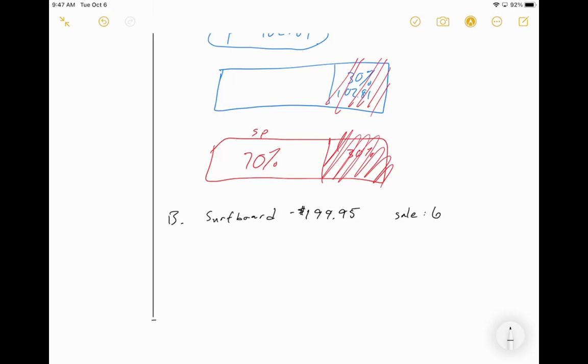Sale was 60% off. Okay. So I want you to try to figure out what the cost would be. And I want some of you, if you understand what I was doing, to do it the quick way. See if you can do it the quick way. So let me kind of do it the quick way with you. Otherwise, if you want to do it the other way from yesterday, that's fine too. But some of you guys might like this quick way. I want you to try it.